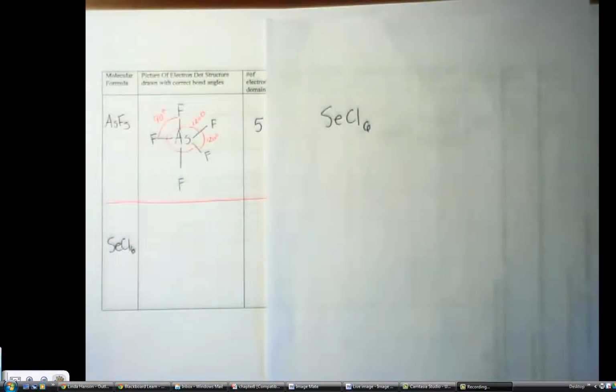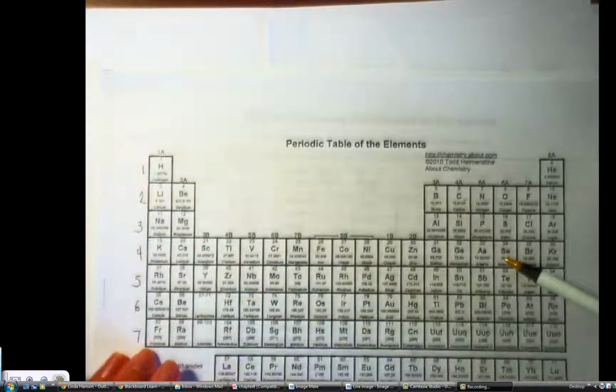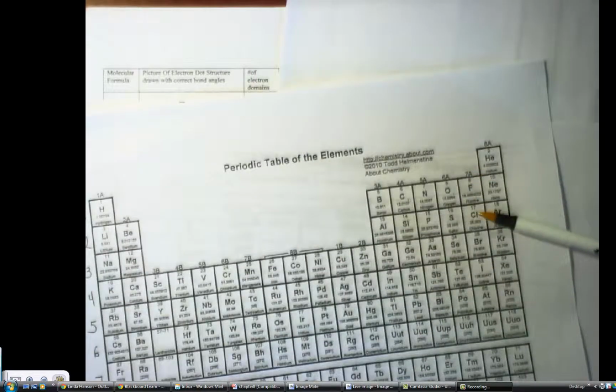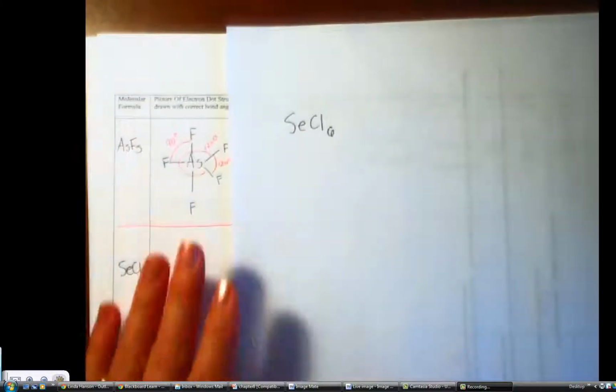Selenium, find my periodic table, Se. Selenium lives here in group 6. So it has 6 valence electrons. And we're attaching back to that chlorine, which has 7 valence electrons. The least electronegative, the one that we have just one of, will be selenium. It will serve as our central atom, and we need to attach all those chlorines back.